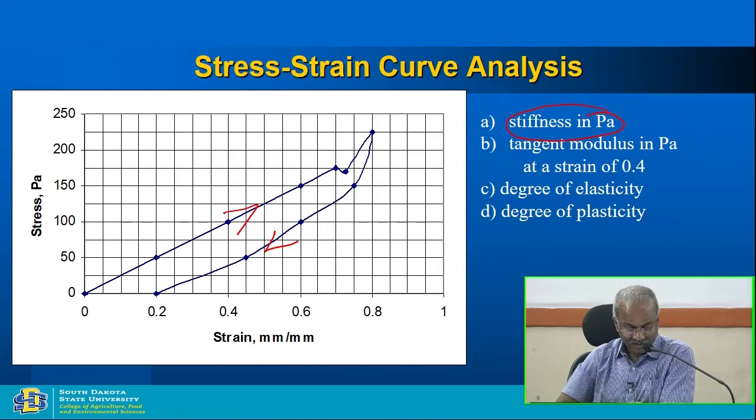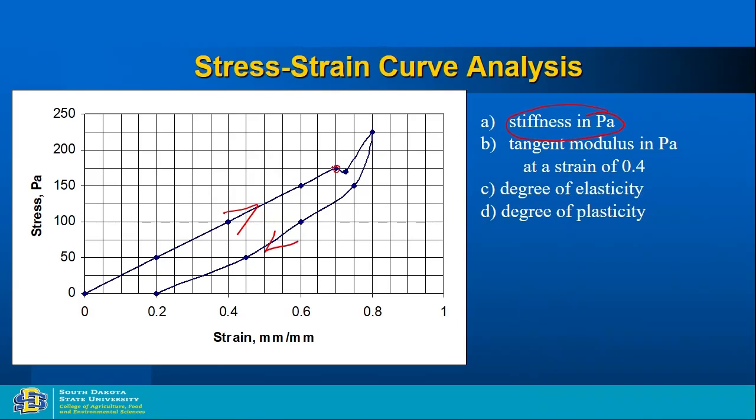0.7? Where does that come from? 225. This one is 225. Okay, where is 0.7? Stiffness in Pascal.